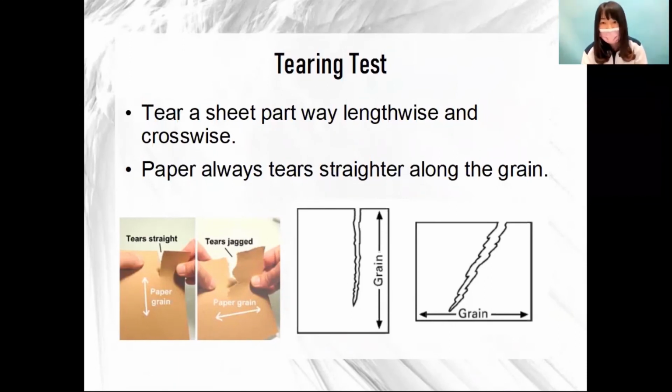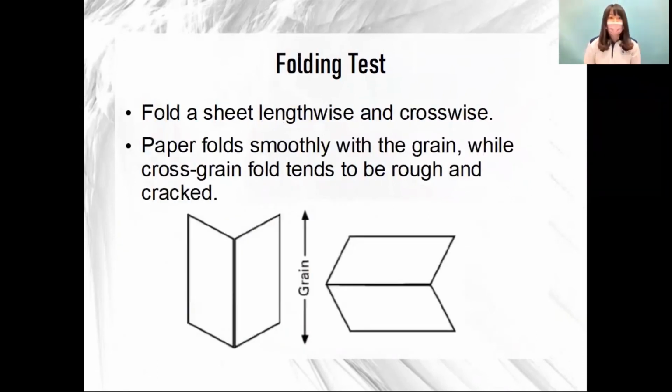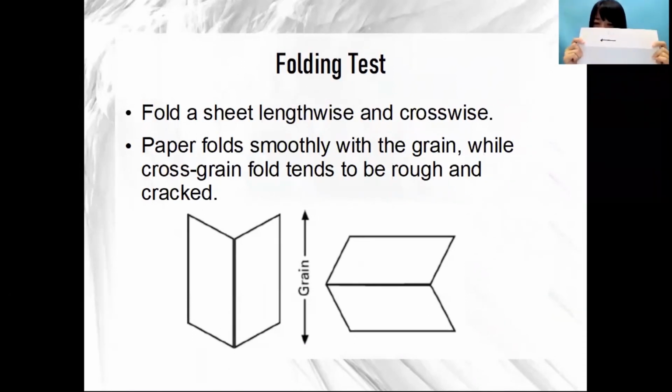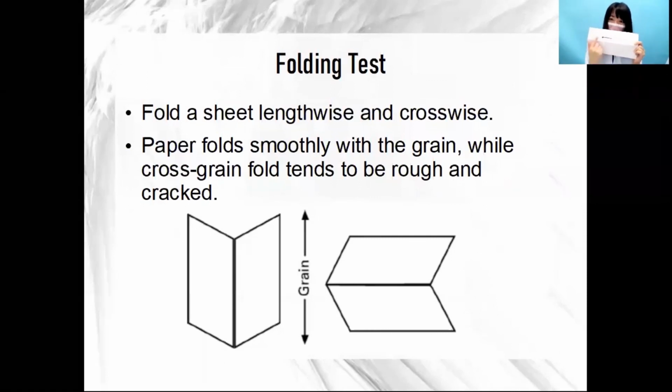And then the second one is the folding test. The folding test is applied on cut type material. For example, this one is a cut type material, and we define the grain direction as long grain.